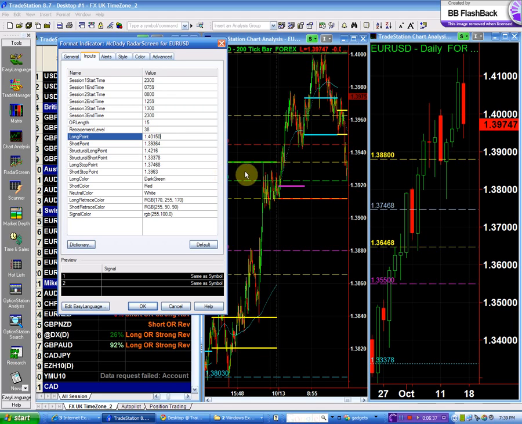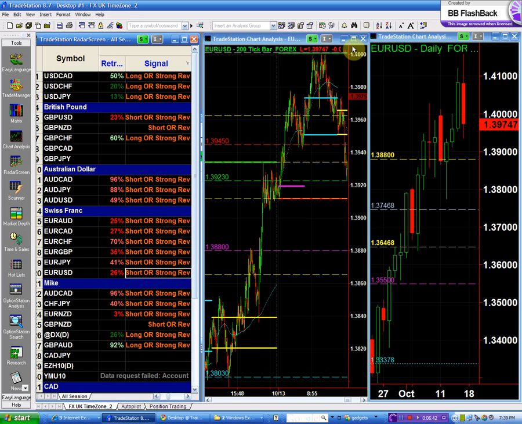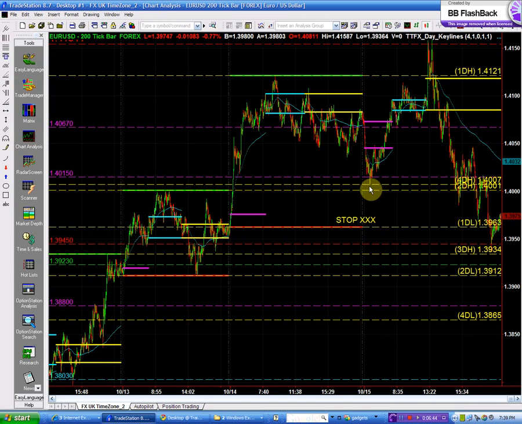Okay, and if I do buy it above the 140.15, I need to protect myself. So in this case, I'm buying it right here. This is what I'm going to buy. This is my buying point. I need to protect myself.